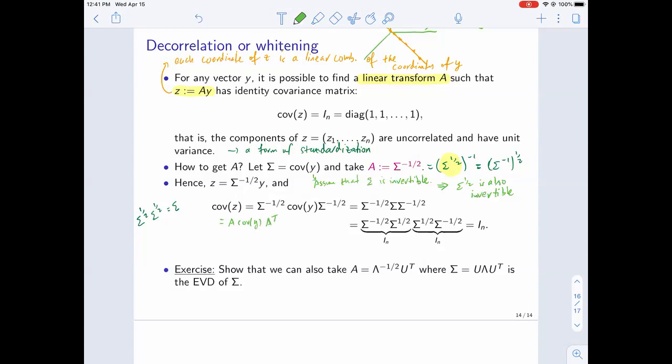A is just sigma to the negative 1/2, and I need to put A transpose on the other side. What is sigma to the minus 1/2 transposed? Is sigma 1/2 symmetric, let's say, or not?